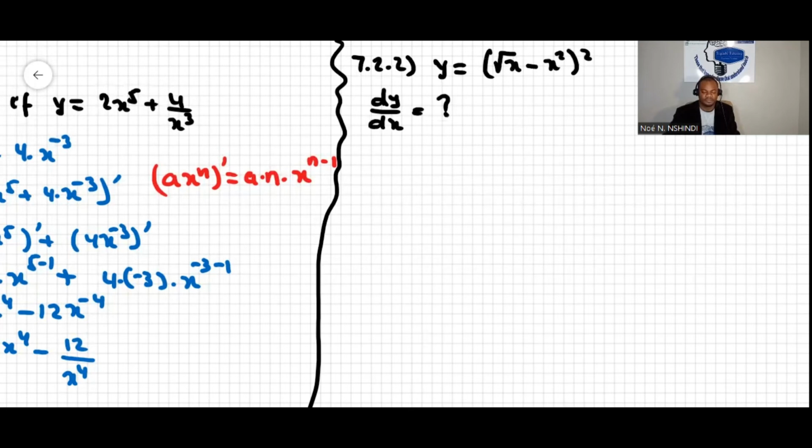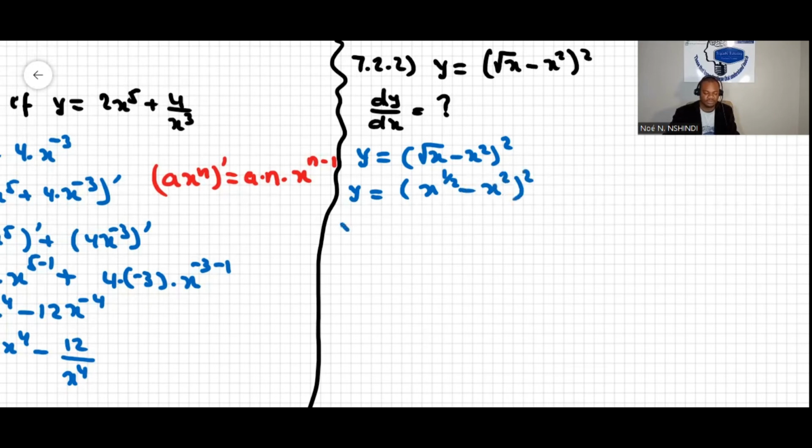In this situation, let's first expand this y. So y is the square root of x minus x squared, to the power of 2. This is equivalent to y equals x to the power of a half minus x squared, all to the power of 2.